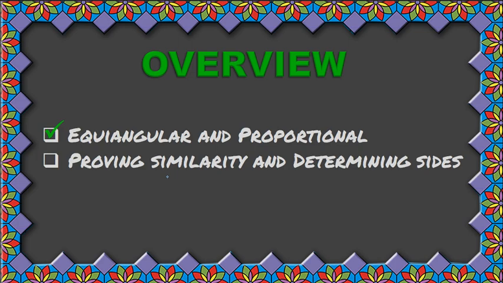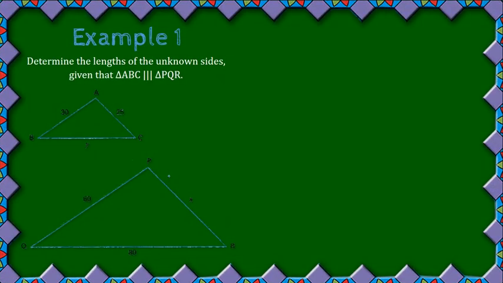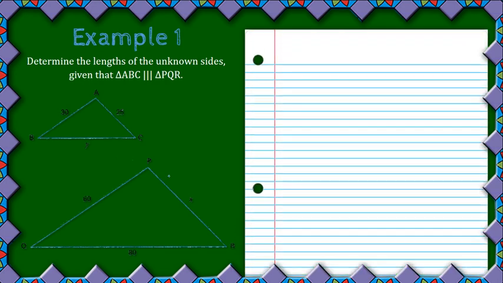Now we move on to proving similarity and then determining sides. For example 1, we have to determine the length of the unknown sides, and we are given that triangle ABC is similar to triangle PQR. Remember, if we are given that they are similar, we know that their sides are in proportion.